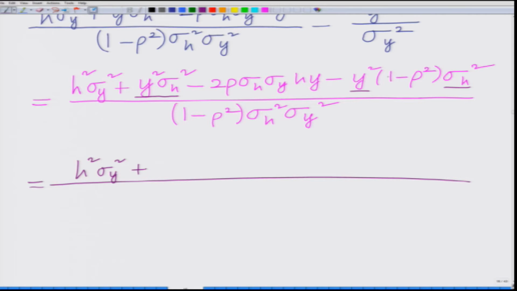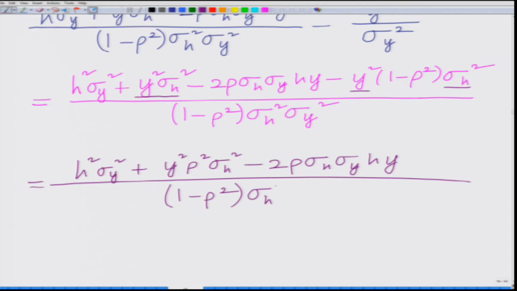What I am left with is y square rho square sigma h square. So, I am left with h square sigma y square plus y square rho square sigma h square minus 2 rho sigma h sigma y h y, divided by (1 minus rho square) sigma h square sigma y square.